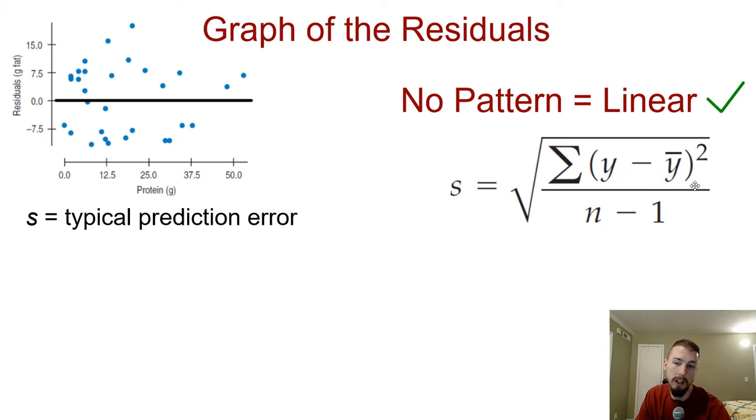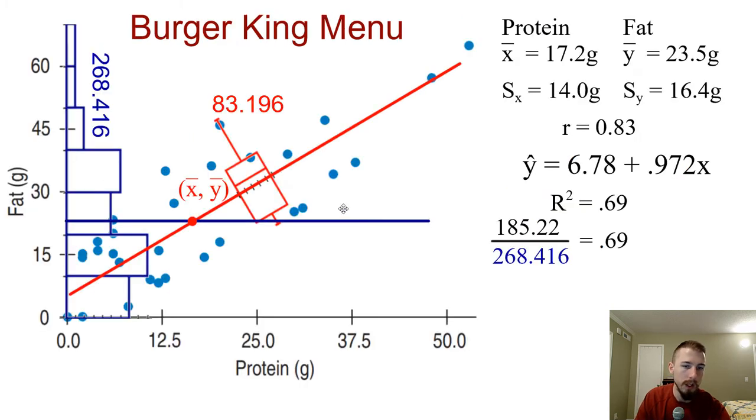Anyway, basically we're finding standard deviation. This is like the actual standard deviation, but it's slightly different because we're evaluating not from the average, but from the model itself. So it would be the actuals minus the predicted, squared, the sum of those, and we divide by n minus 1.